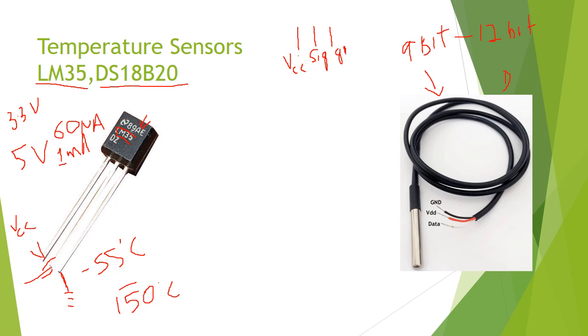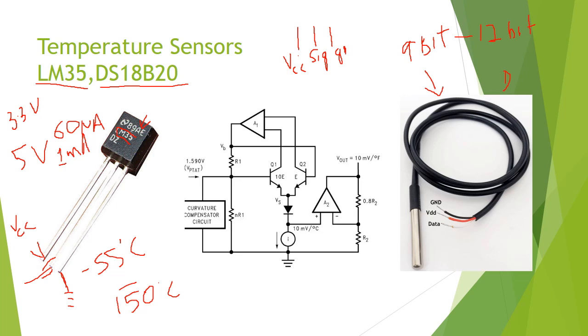If you are giving 3.3, obviously the output will be less than that. There is no such device that can magnify that voltage. So the data will always come below that range. So let's see how it is operating. Here you can see the inbuilt structure of this.